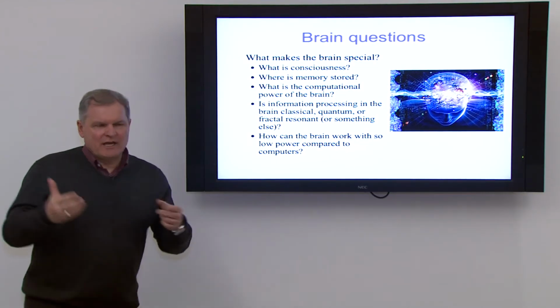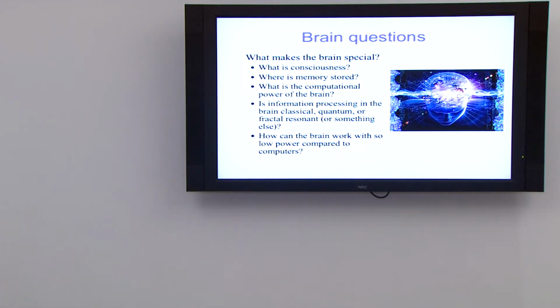And eventually, as you may know, our so-called pre-processing time is about 500 milliseconds, half a second to react to anything. That's the fastest we can react, at least on average.